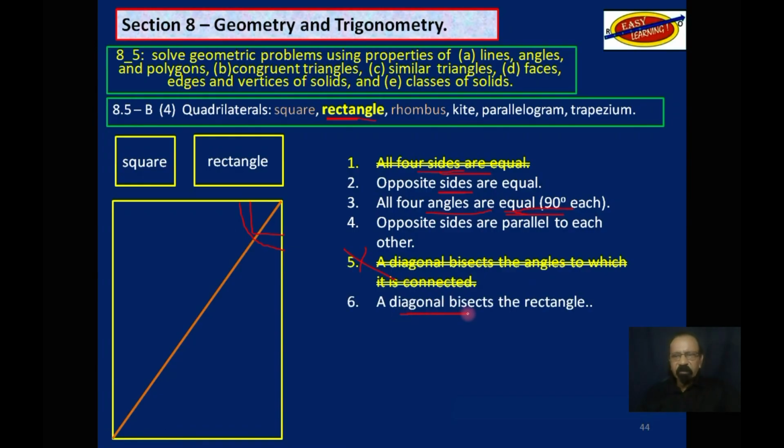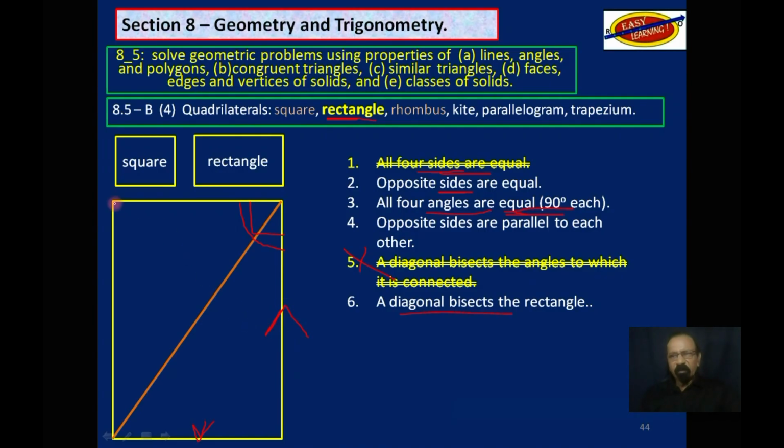A diagonal bisects the rectangle. As you could see, the diagonal bisects the rectangle, and that is why you find the area of a triangle as being half of base times perpendicular height. The base, of course, being this side here, and perpendicular height being that.